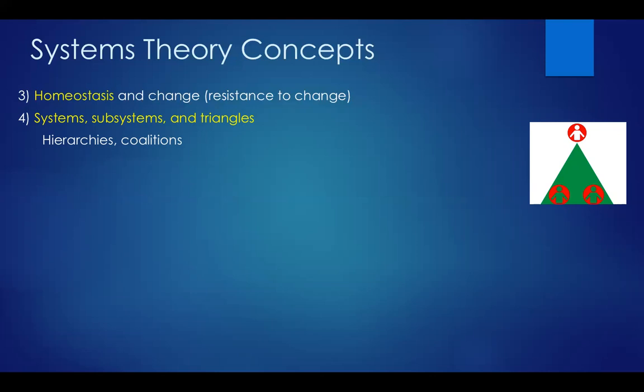There's one person and she's split between her two interests. Triangles happen a lot in families too, not love triangles, but pitting two people against each other to deflect from something else, a third person. And triangles will happen more and more, and we'll talk a little bit about that in the next slide.